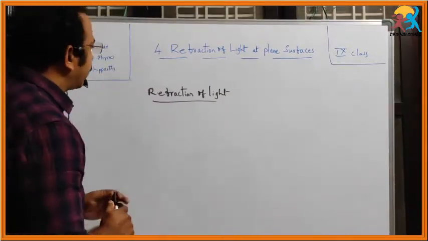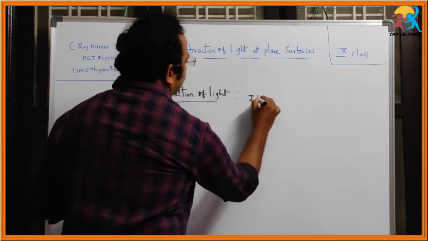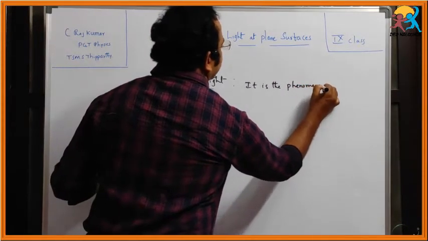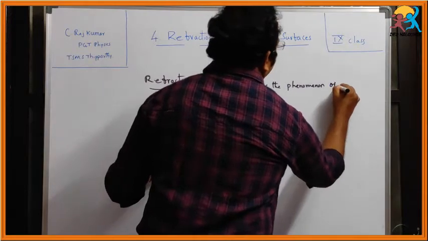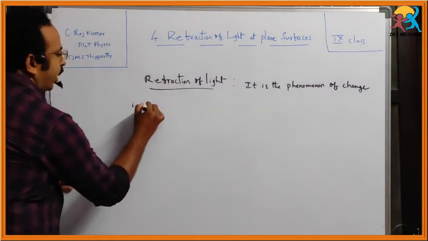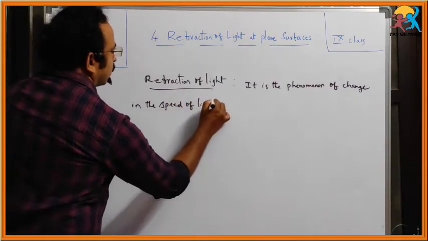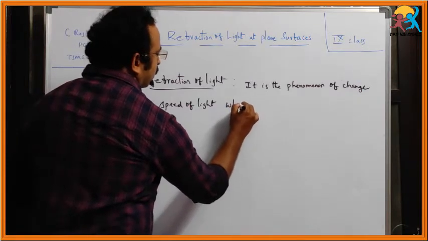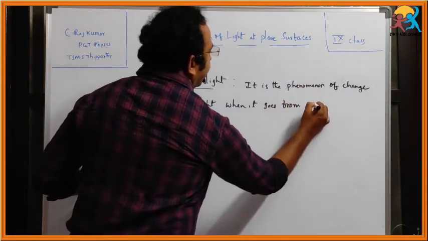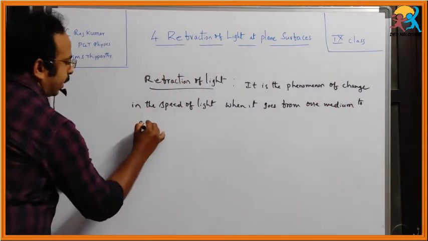It is defined as the phenomenon of change in the speed of light when it goes from one medium to another medium.